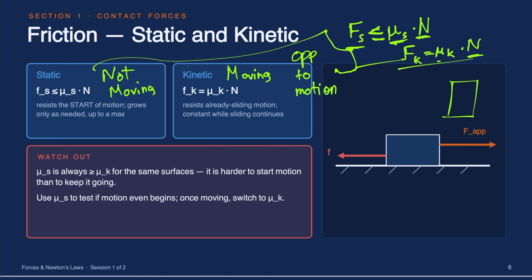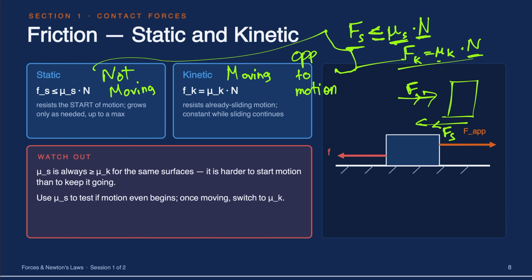And your force, so your friction static, assume you're pushing this way, if it's greater than this force that you're using to push, you're always going to stay at that place. So Fs is mu s times n. And if you have a lower force, then it's not going to move, right? Because friction static is going to match your lower force.